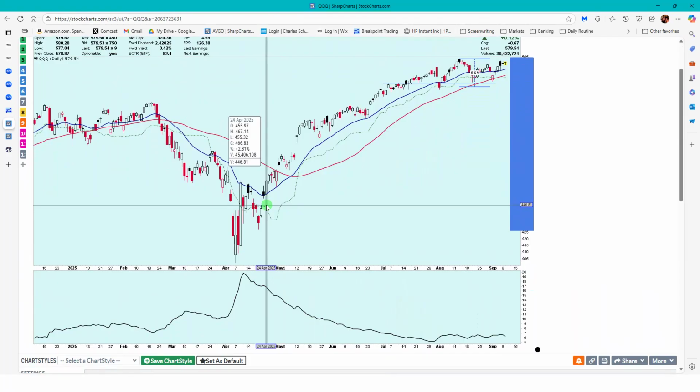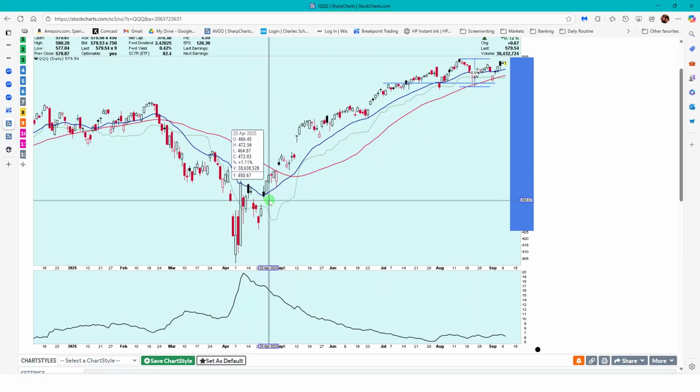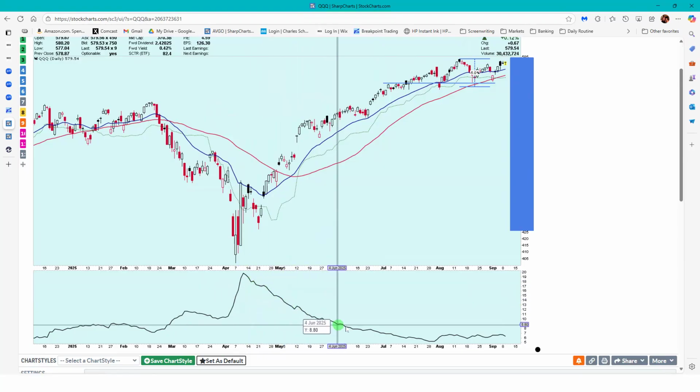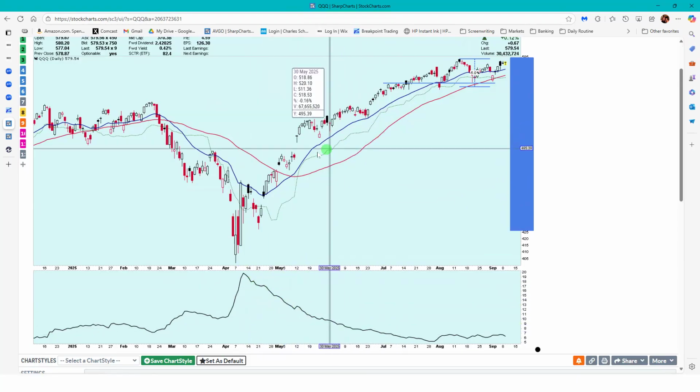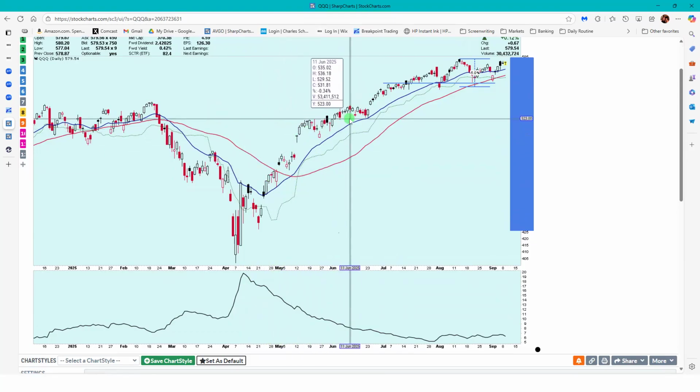So 17 divided by 466 is 3.6%, or about 4%. So that tells me that I could use a 4% trailing stop and probably be pretty safe based on the ATR. And you'll notice the ATR is dropping. It's getting lower as the price goes up, mostly because the distance between the open and the close is much lower.